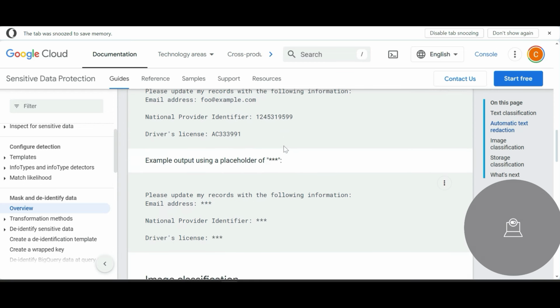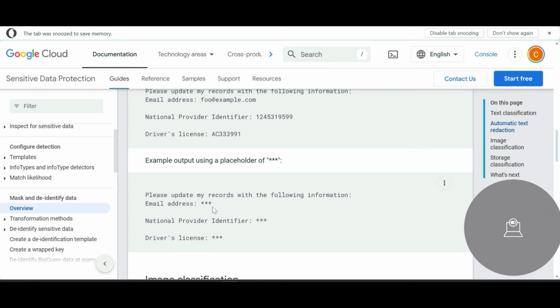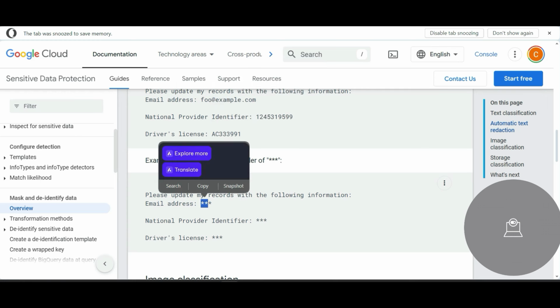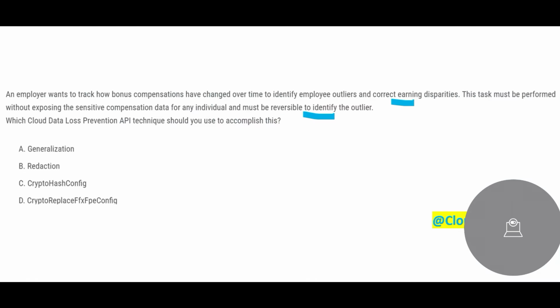See, this is sensitive data: the National Provider Identifier, the driver license. So what it did is remove the email address. It removed it, asterisk removed. This also removed. You cannot even see it. This is called redaction. The other technique is crypto hash config.